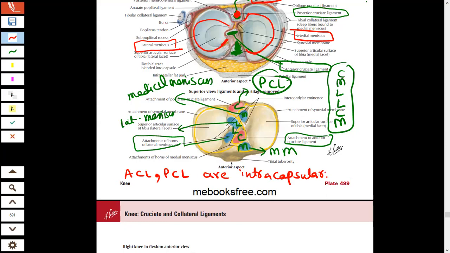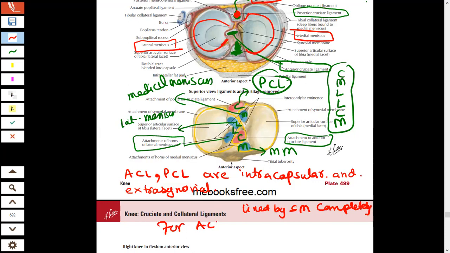But they are intracapsular and extrasynovial. Extrasynovial means they are slightly outside the synovial joint. And when they are extrasynovial, please remember they are lined by synovial membrane completely for ACL and partially for PCL.